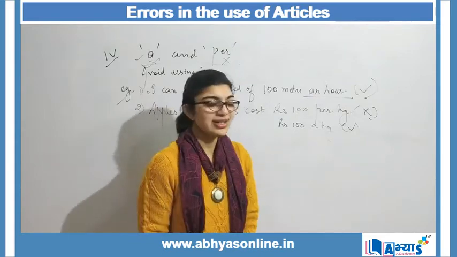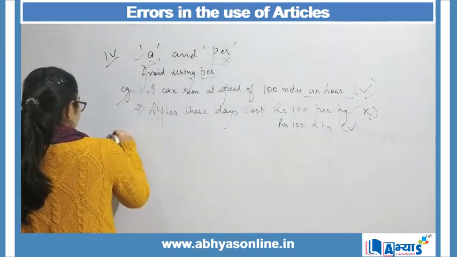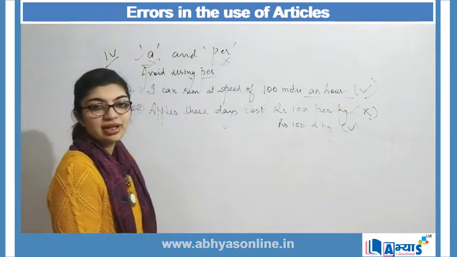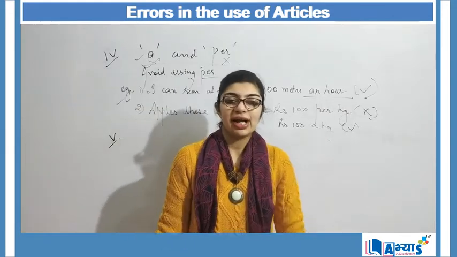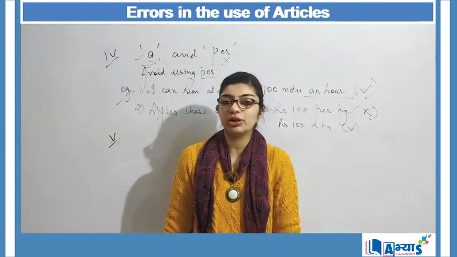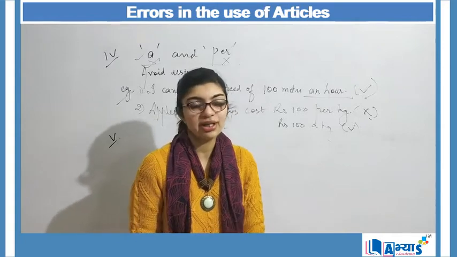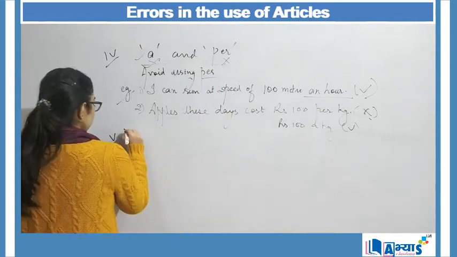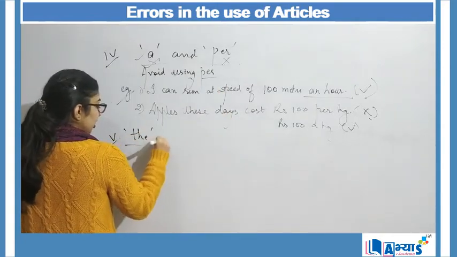So now next, the fifth area where error can occur is this: I said that we make use of "the" only with the superlatives, right? But "the" can also be used with positive words.